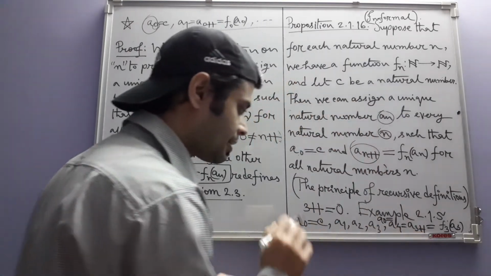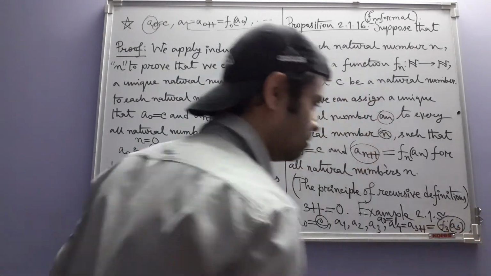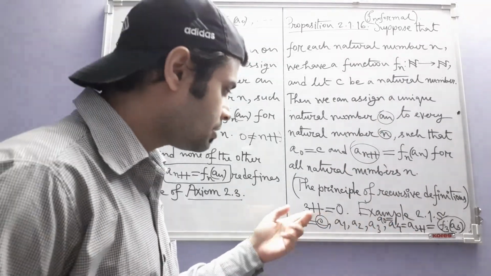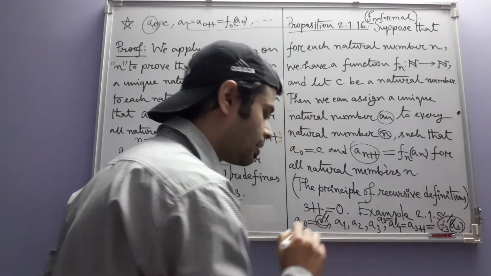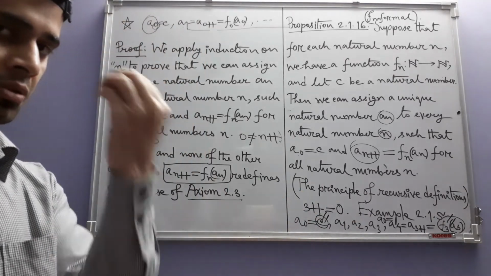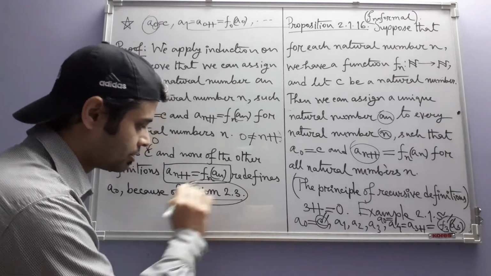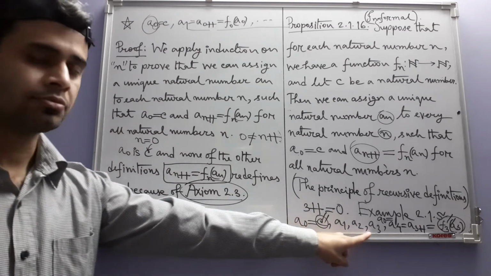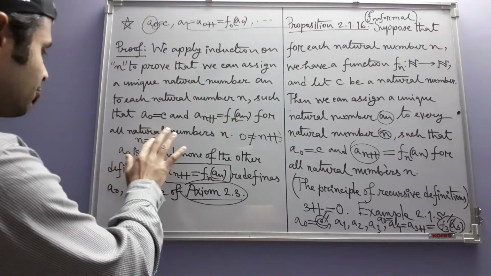So a naught has two possible values, c and f3 a3. So a naught has been redefined. Now this clearly can cause a problem if f3 a3 and c turn out to be not equal. Then I have lost uniqueness in the very first term itself. So that's why I need axiom 2.3. Axiom 2.3 has saved me from this sort of thing. So my a naught value is unique.